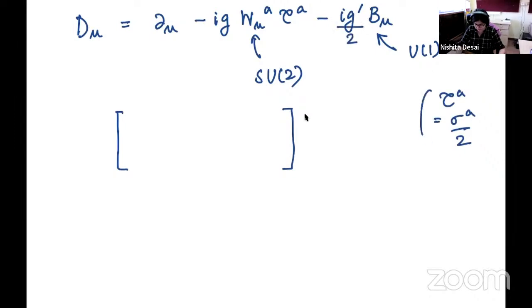Okay. So that we can take 1 by 2 outside. So it's just a redefining of what your g prime is. So you have 1 by 2 outside, there's an I. So you would have a g times W3 and minus g times W3 as before.